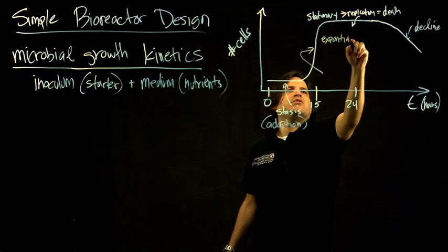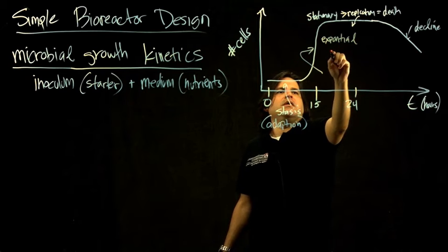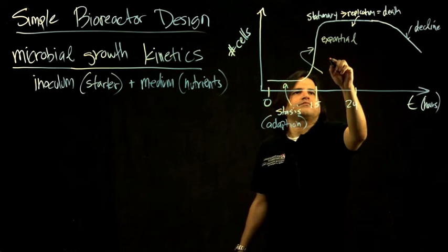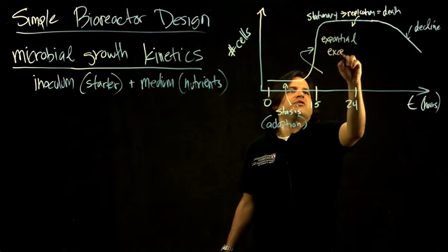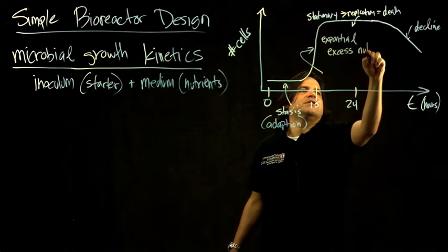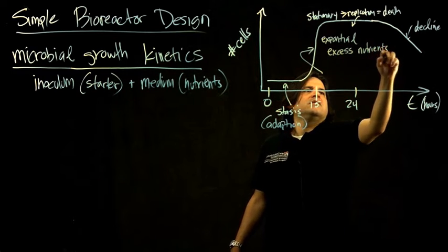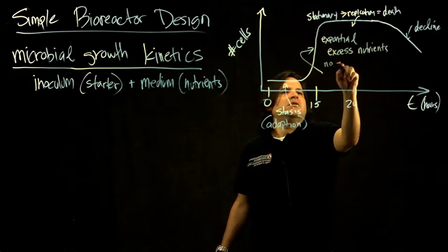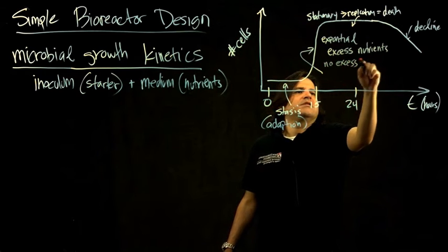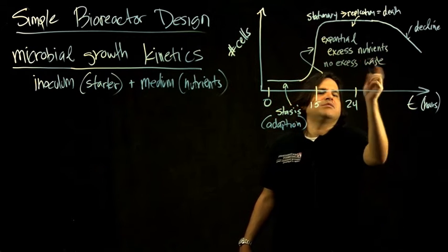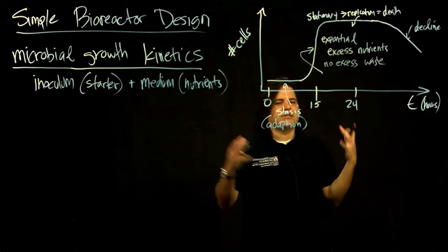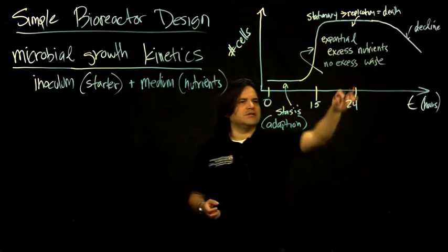The exponential growth period is where there's an excess of nutrients, you're not limited by nutrients, and no excess waste. These cells have these byproducts. If they saturate themselves in the byproducts, that causes a decline.